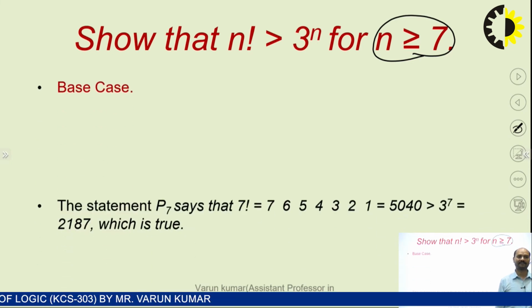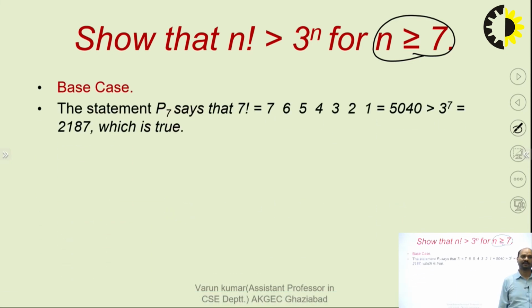So for the base case we compute P7, not P1 here. We use P7 because the initial value of n for this formula to be true is n equal to 7.